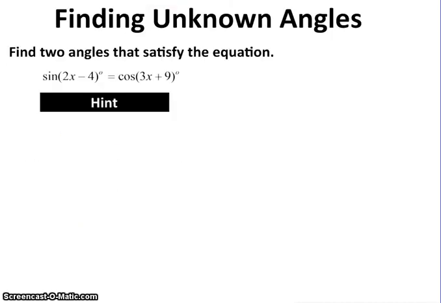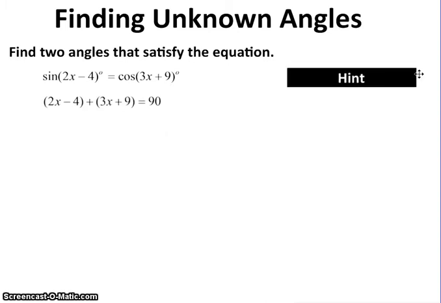Now occasionally we're going to have problems like this, where we need to know the value for x such that the sine is equal to the cosine. First things first, let's see what this hint is. We know that the two angle measures must add to 90 degrees because they are complementary, correct?